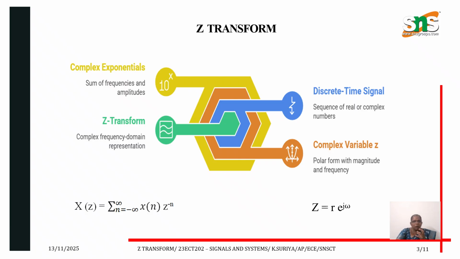So the Z transform essentially decomposes the discrete time signal into a sum of complex exponentials, each with a different frequency and amplitude. So the complex variable is represented by z equal to r e power j omega, where r is the magnitude of z, and omega is the angle or frequency of z.